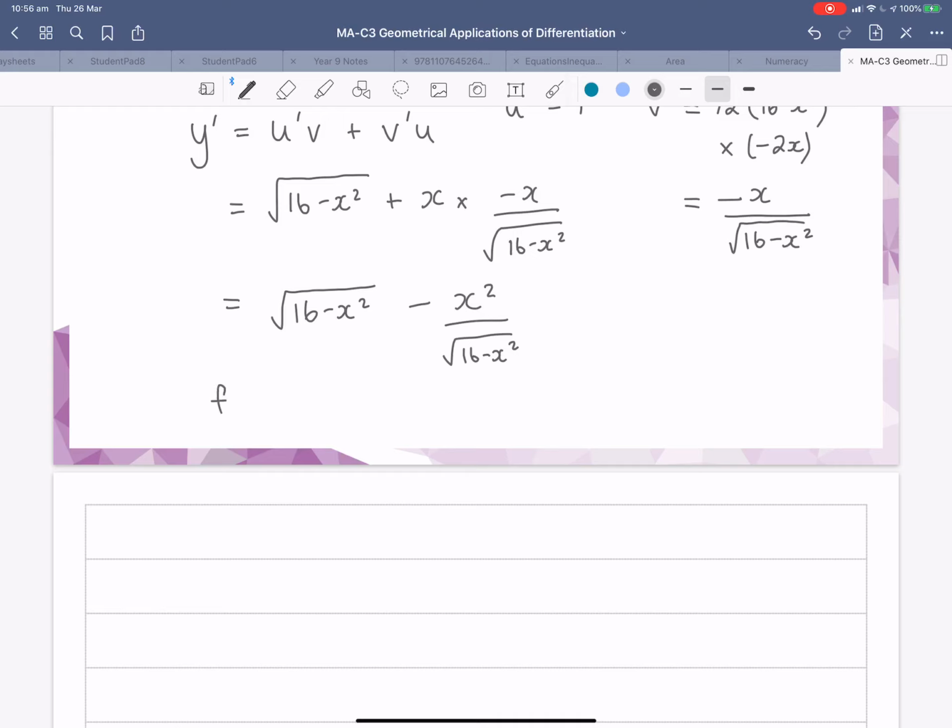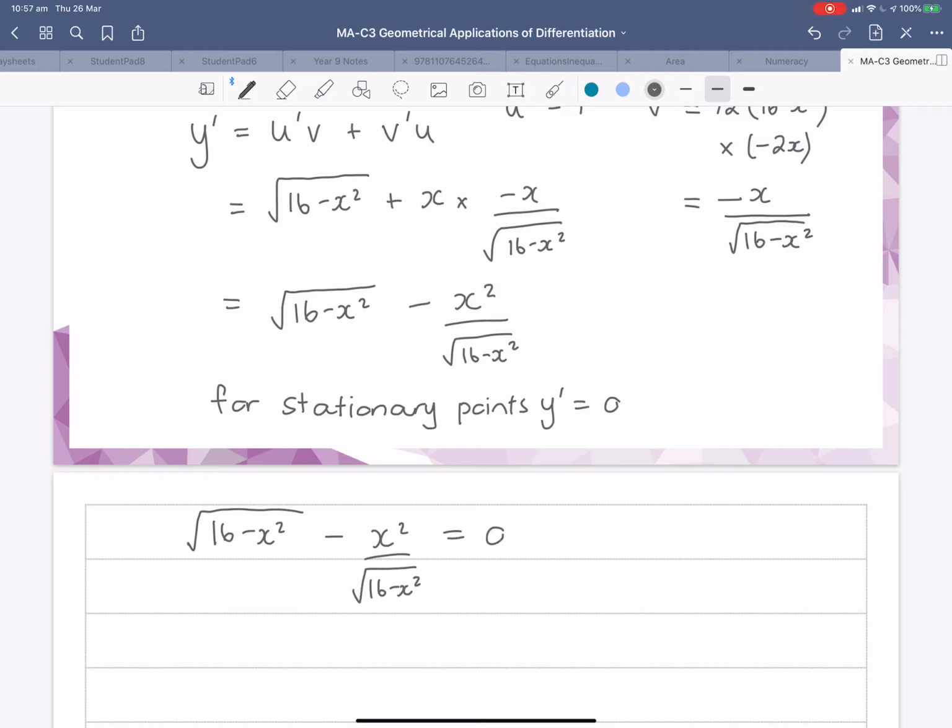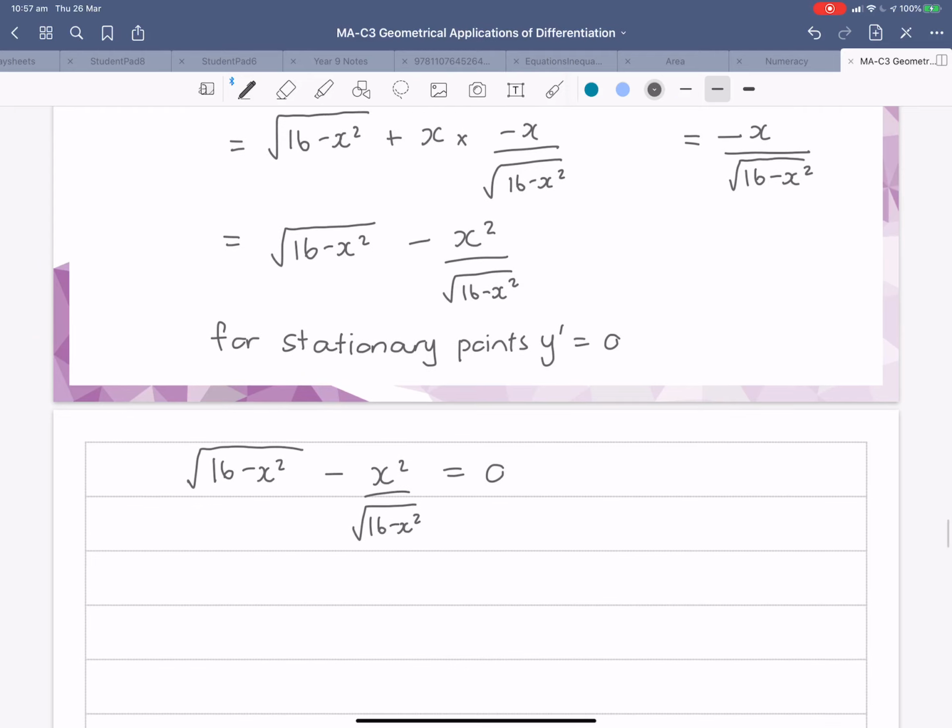So we know to find stationary points, we set our first derivative equal to 0. So that's root 16 minus x squared minus x squared on root 16 minus x squared equals 0. What I'm going to do is split these two terms up.